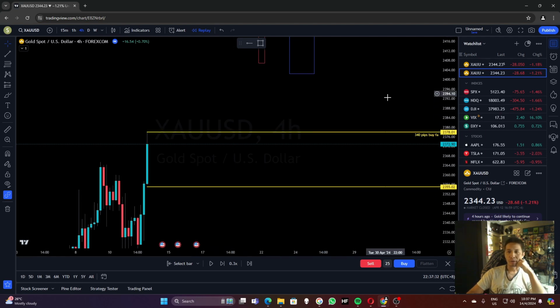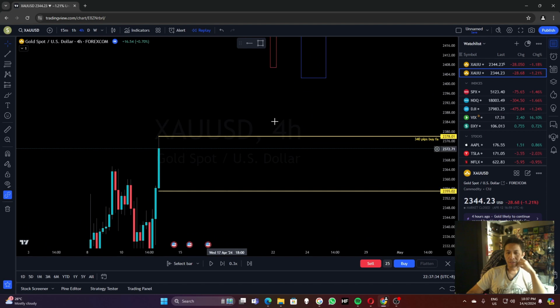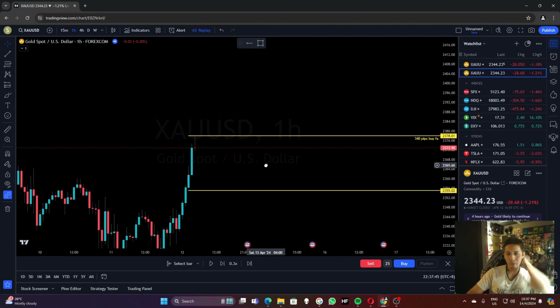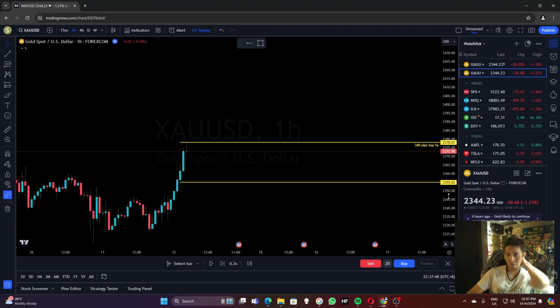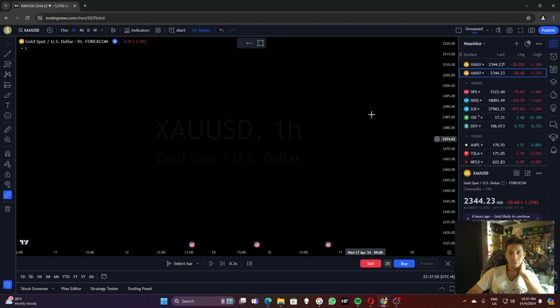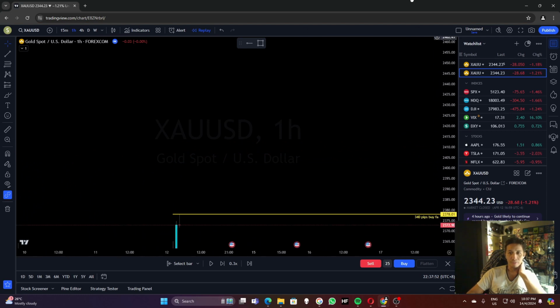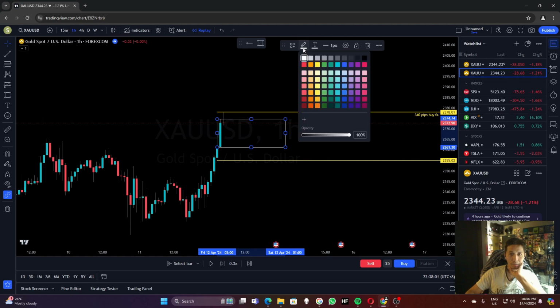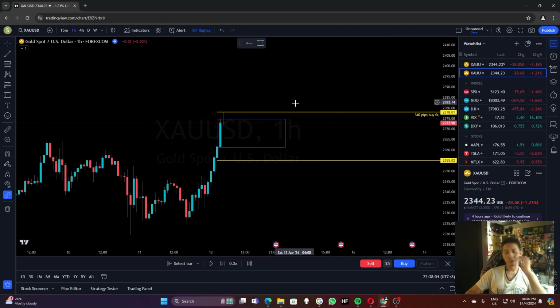When I know the direction is a buy on the 4-hour on the same day, I will go into the H1 time frame. In H1, I will mark the zones. I'll mark a zone for H1 and I'm going to use the blue color because I'm used to seeing H1 as blue.